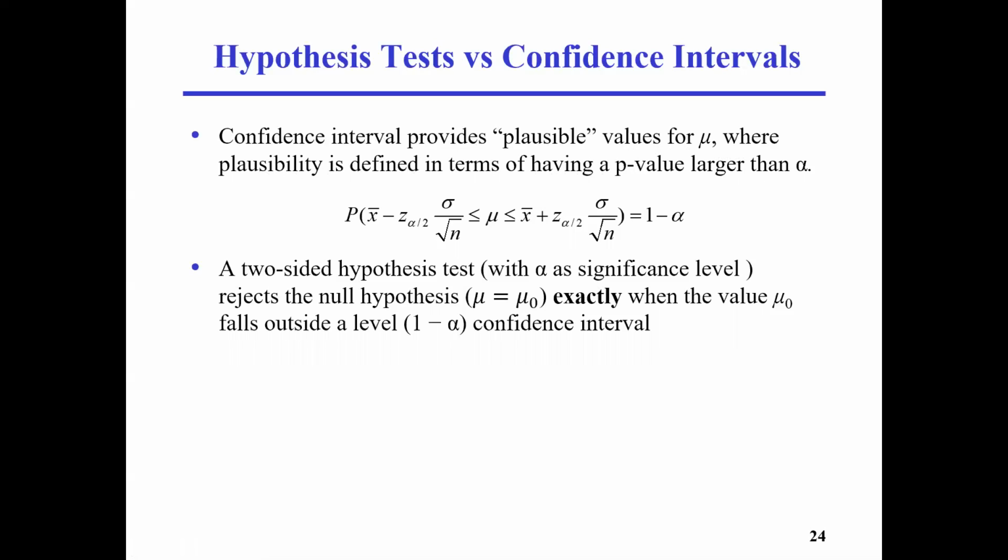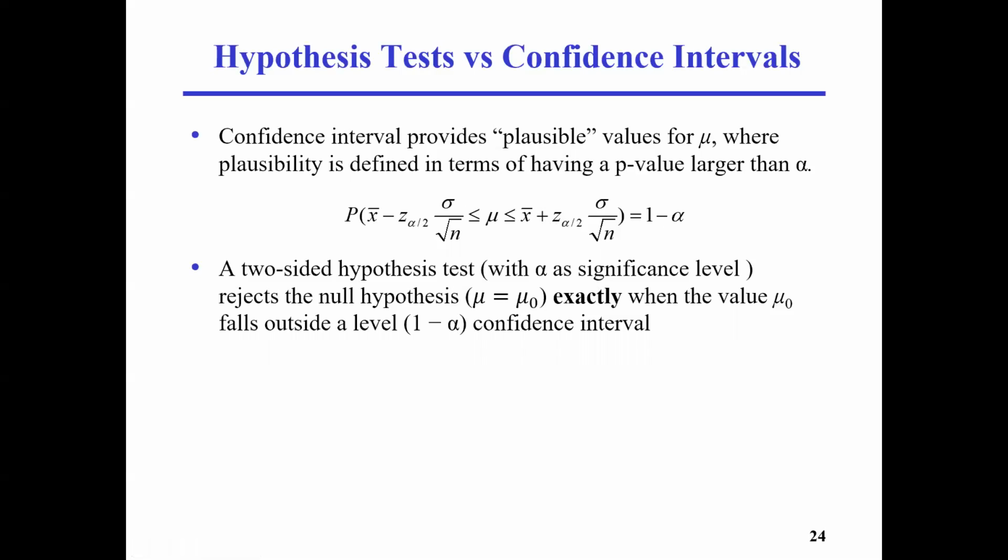Basically, we use this formula to establish an interval of mu, and the probability of the actual mu being within this interval is equal to 1 minus alpha. So this is the meaning of a confidence interval.